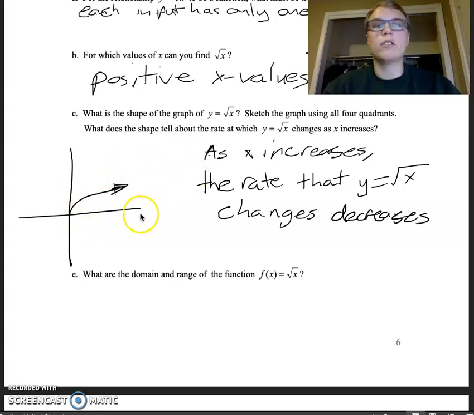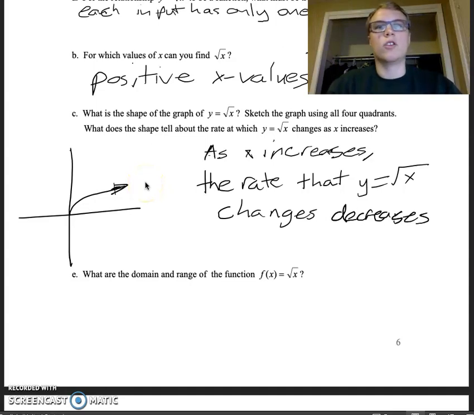So what that looks like in words, to answer the second part: what does the shape tell you about the rate at which the function changes as x increases? Basically, as x increases, the amount it increases actually decreases each time.